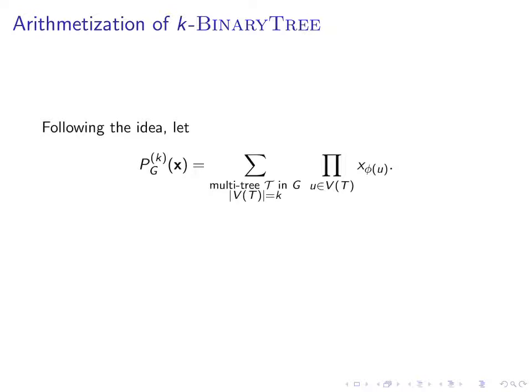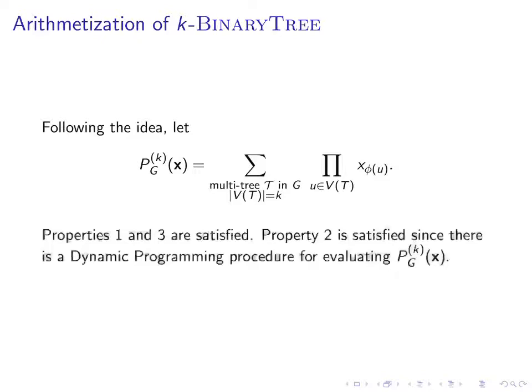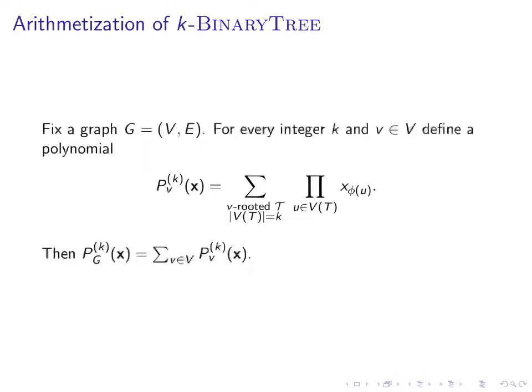By following this idea, we can define a polynomial based on the multi-trees of size k. And we can see that the first and the third properties are satisfied, while the second property can be satisfied by a dynamic programming procedure. So to construct a polynomial of a graph, let's first construct the polynomial of a vertex.